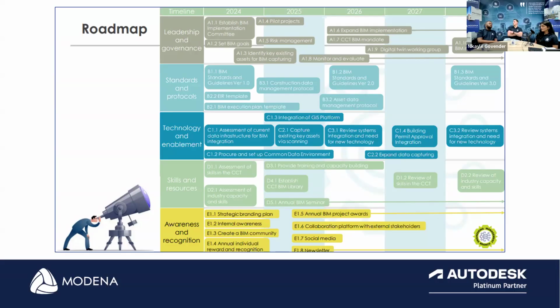Actually, the example that we gave earlier about Living Frog: we're still at level 2, but what we're working towards is this. Once we have all the projects done within ACC, all that information is going to be handed over to the facilities managers, and they're going to use the same information. That's when you're starting to implement your digital twin.